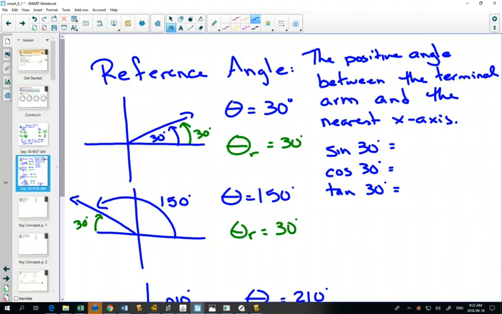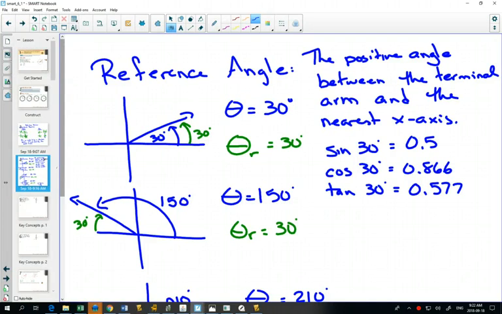Sine of 30, cos of 30, tan of 30, those are the values that you got on your calculator.